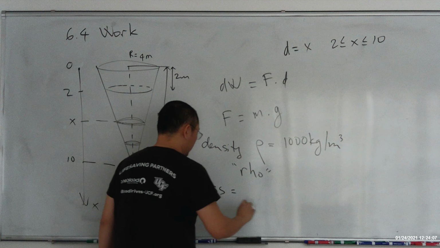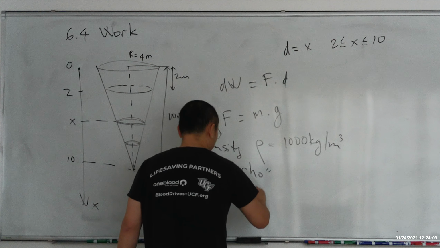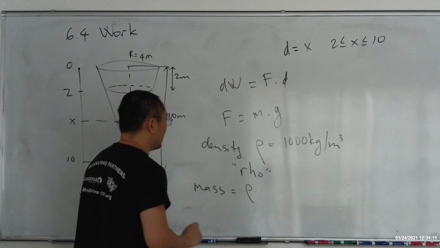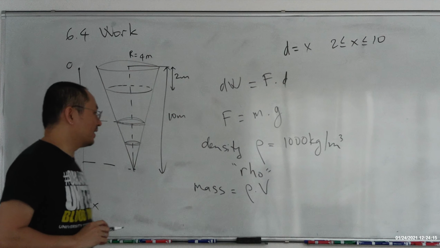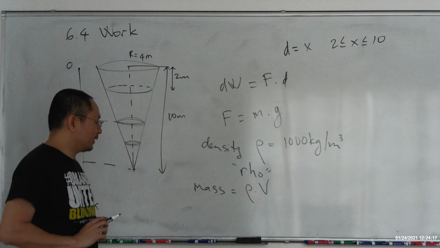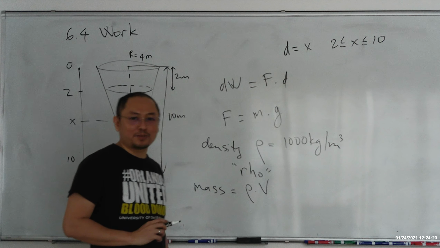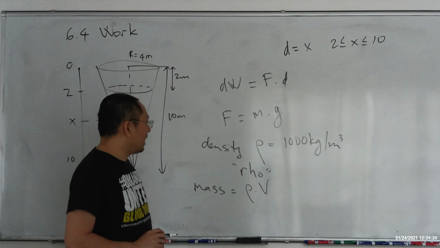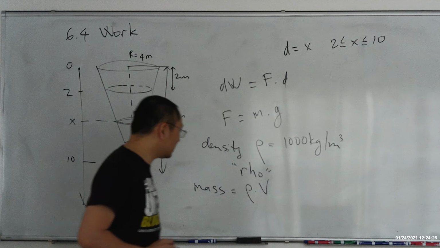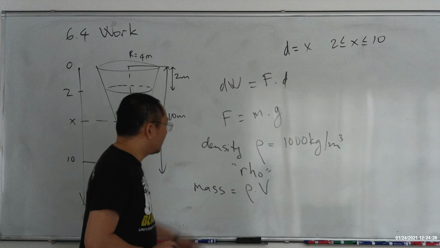Mass is equal to the density times the volume. It's physics in here, so if you have some background in physics, that'd be easier. If not, just trust me on this: the density times the volume is going to give you the mass. The density is given.